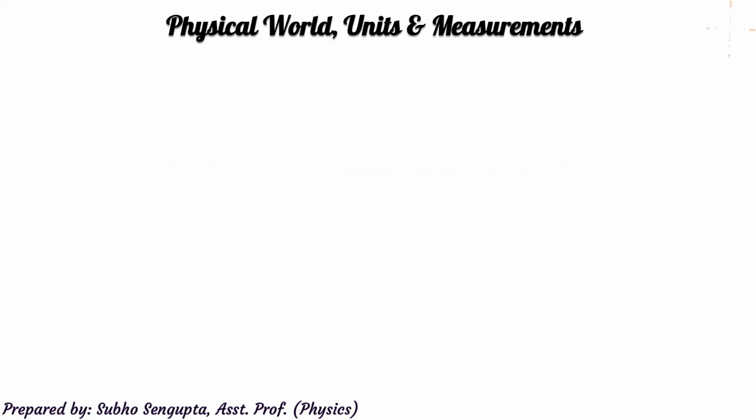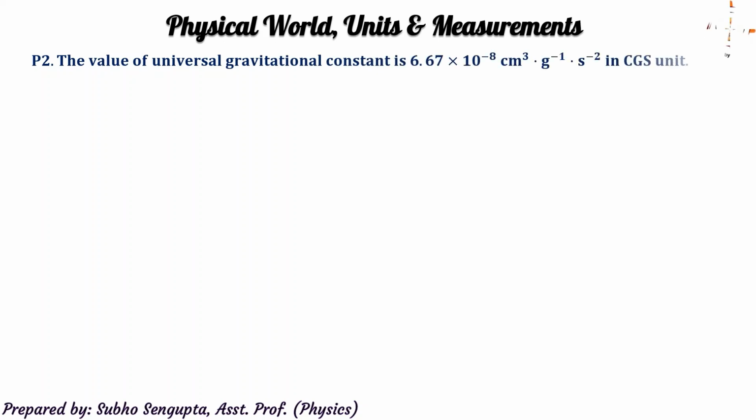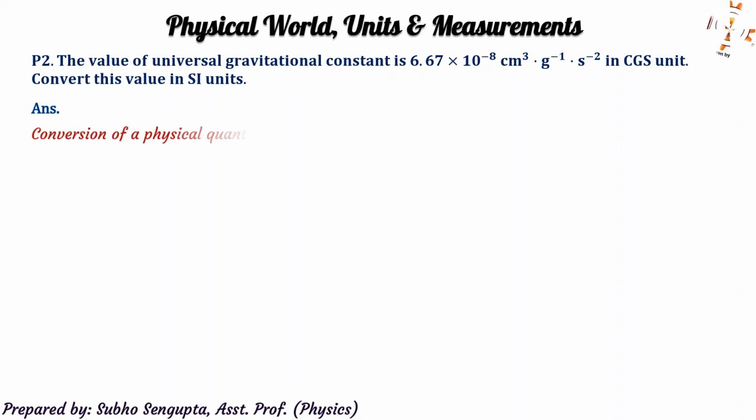In our second problem, we are asked to convert the value of universal gravitational constant from CGS system of units to SI system of units. This problem is based on the application of dimensional analysis, in which we convert a physical quantity from one system to another.